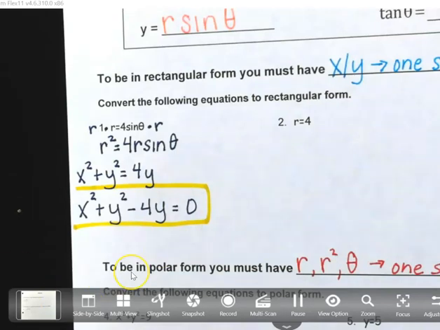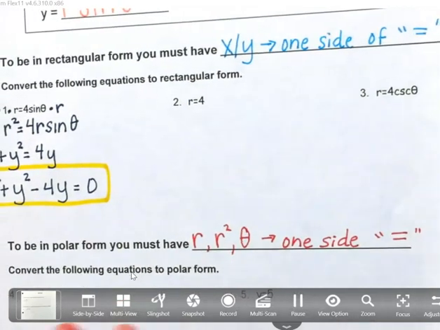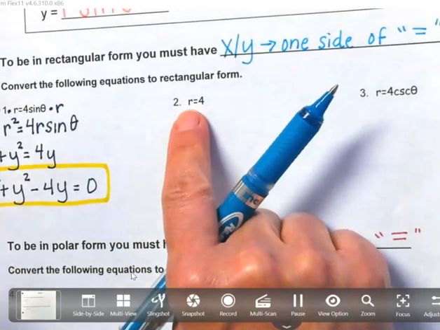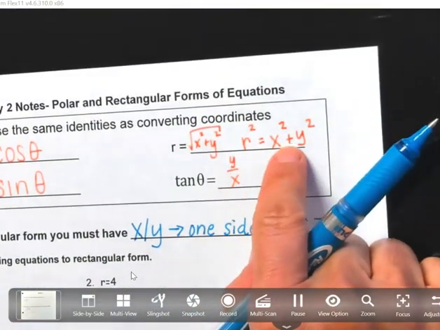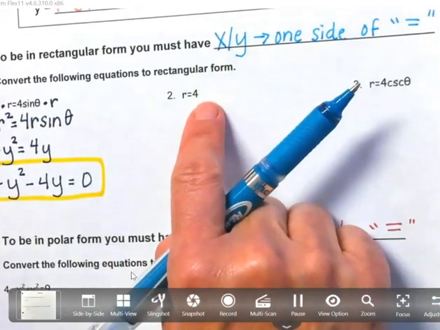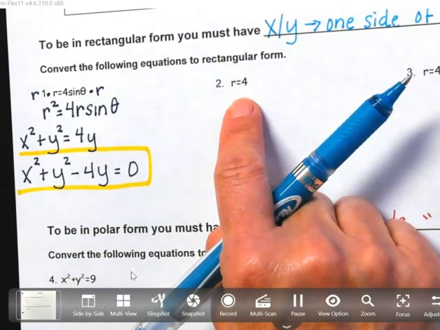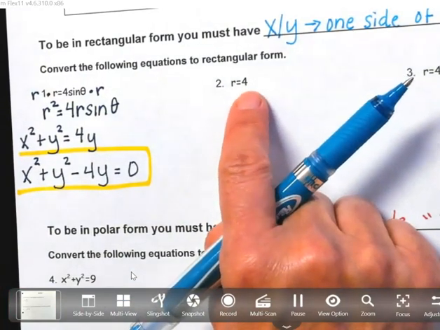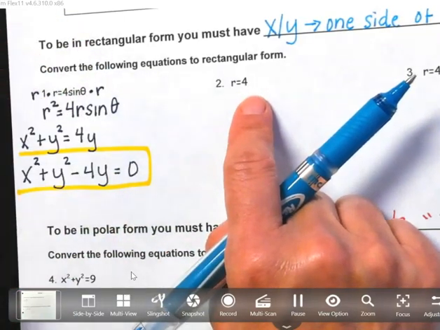All right, let me go ahead and look at problem number 2. So for problem number 2, we have r equals 4. All right, so again, we have plain r, but it's so much easier to make it r squared. So again, if I did it like this problem where I multiply both sides by r, the left side would be r squared, but then the right side would be 4r, and I'd get stuck on that.